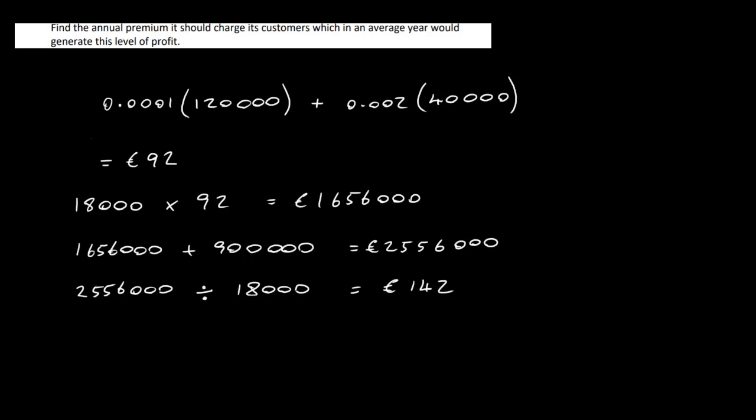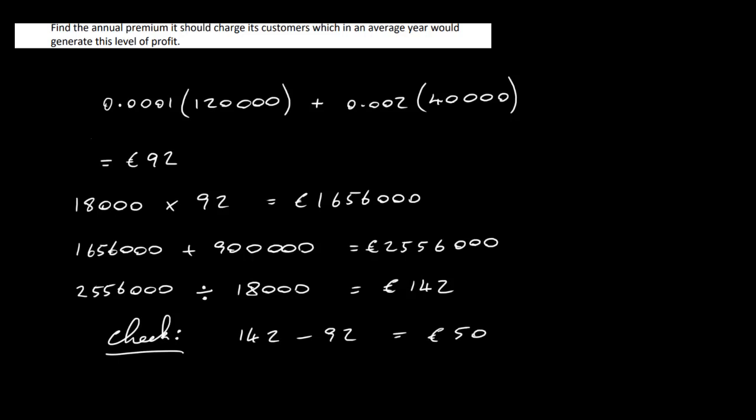Now you can check that if you want. If you take the 142 euros, subtract the 92 euros, which on average you would expect each customer to be paid, that's the expected value to be paid out. You get 50 euros.